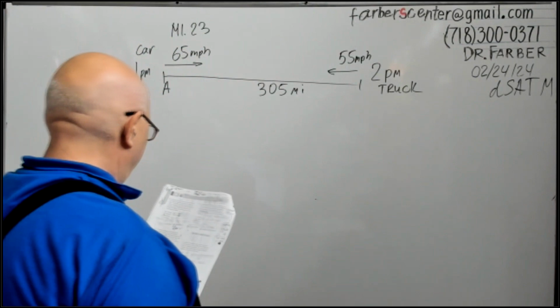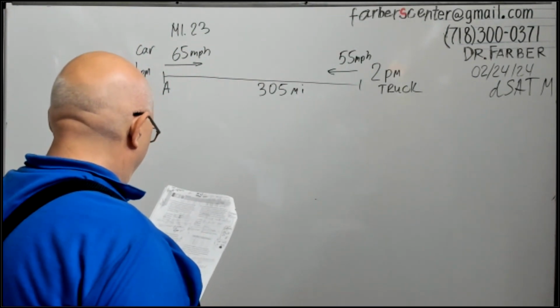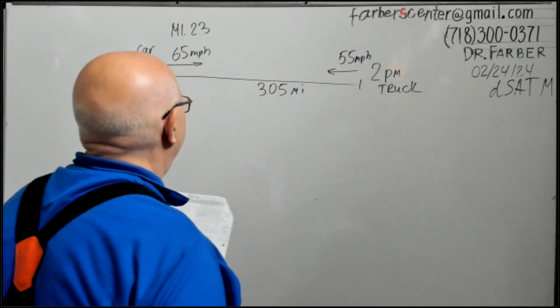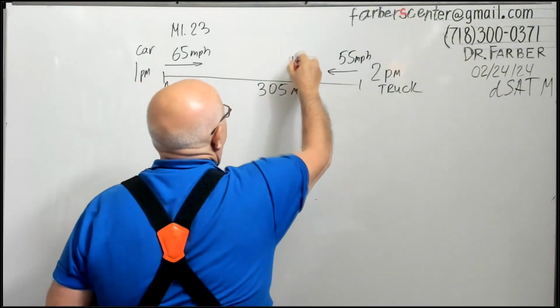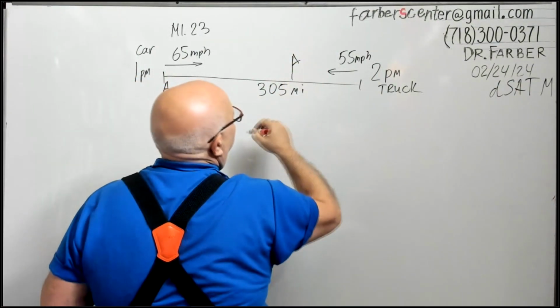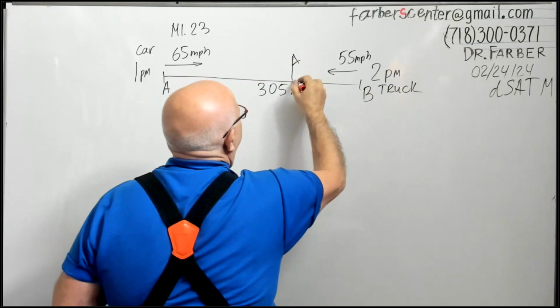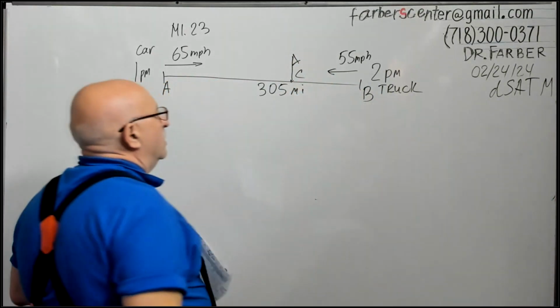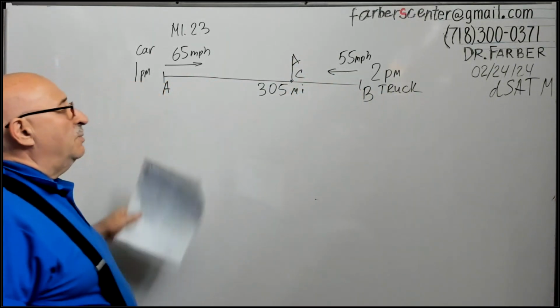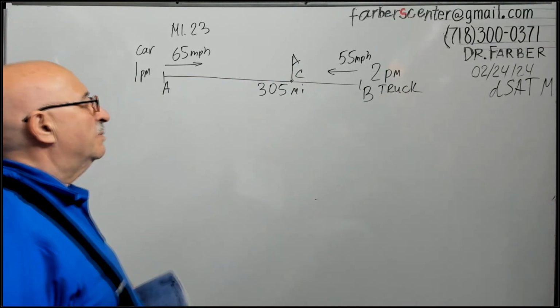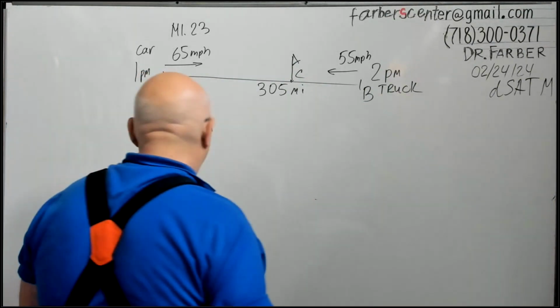Okay. The question is where they pass each other. Let's say they pass each other here. This is point B, and this is point C. After making this picture, create a matrix or table.